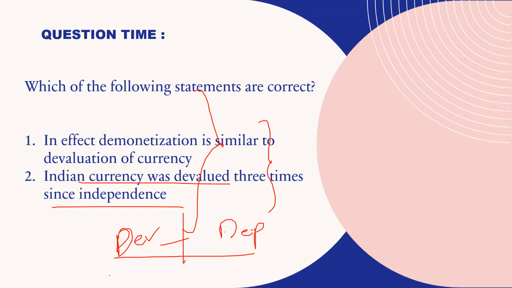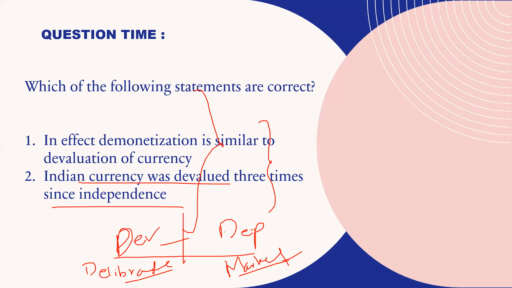Very good. So on one side, devaluation, you can write deliberate: deliberate reduction of the value of the rupee, whereas depreciation is market-based reduction of the value of the rupee.